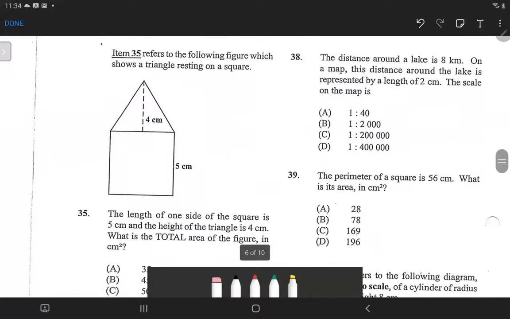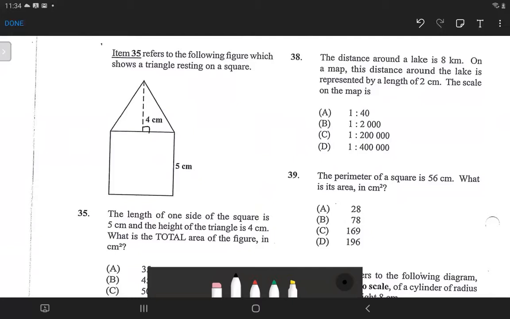Item 35 refers to the following figure, which shows a triangle resting on a square. Notice that this is a height, so this is a right angle here. Now they say that one of the sides of the square is 5 cm and the height of the triangle is 4 cm.